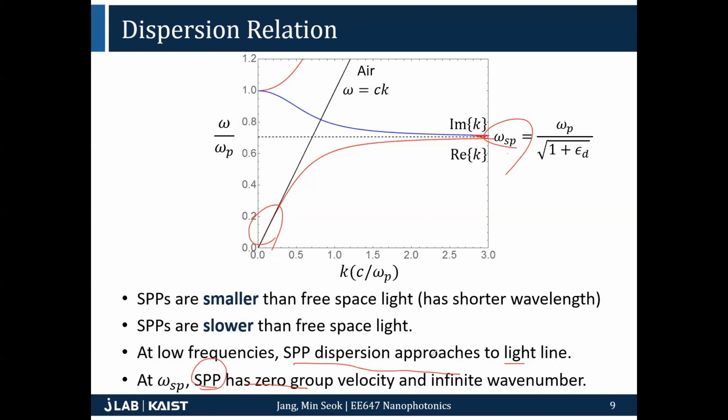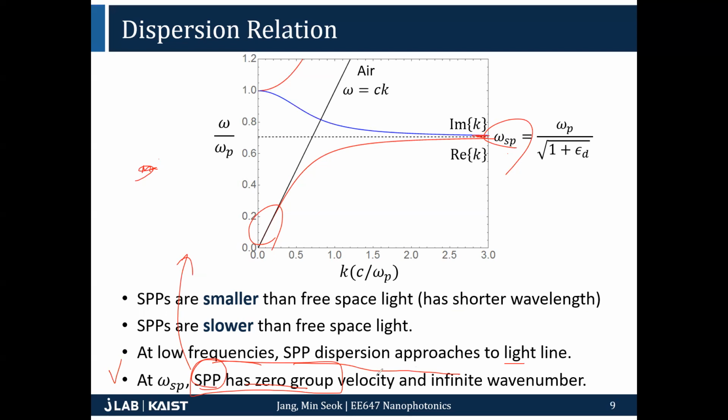Okay. And because of this last statement, people were very excited about surface plasmons, because they thought, if we have a surface plasmon, does that mean we can make light very, very slow, so that we can almost stop light at a certain position?